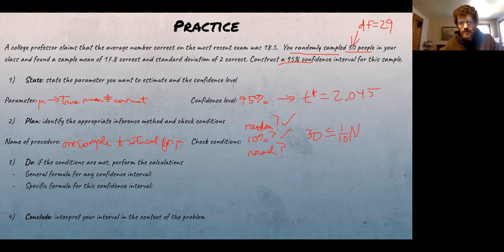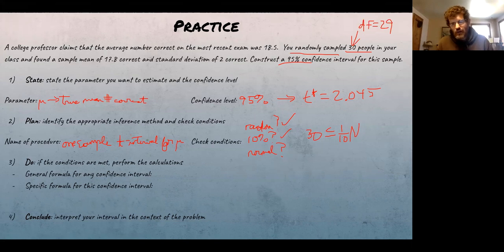Okay, and this is maybe worth pointing out right here, that if you ever have a situation where you do not meet one of these conditions, then the random one not being met is going to be a big deal. But if it doesn't meet one of the other 2 conditions, we can just still proceed as normal and make a comment to the effect, we did not meet the 10% condition, so the results are not going to be 100% accurate.